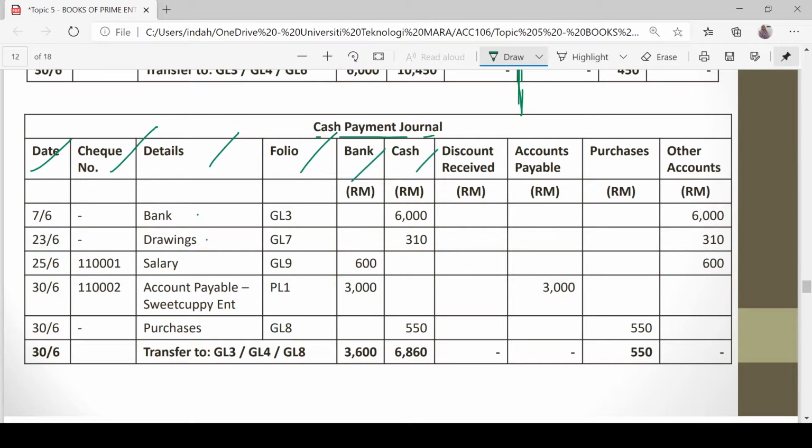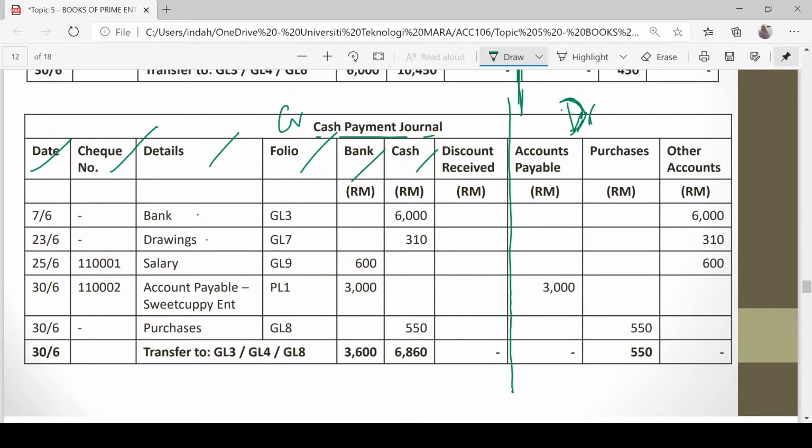Then bank, cash, and discount received if any. Cash payment is credit. In the cash account or bank account this is credit, meaning that the other side is to be debited. When we go to account payable, we debit this amount. So, 7th of June, bank.